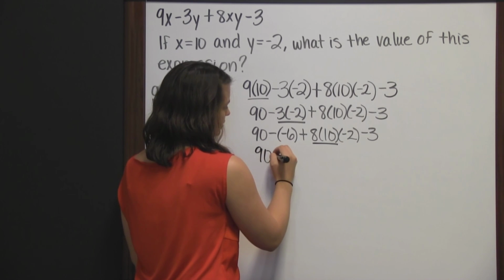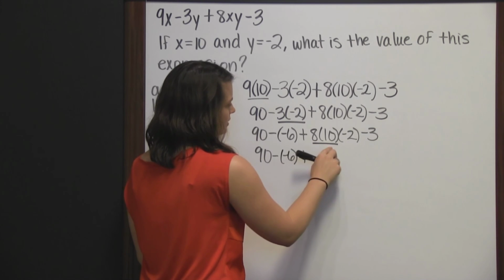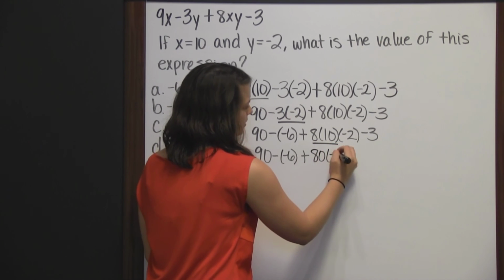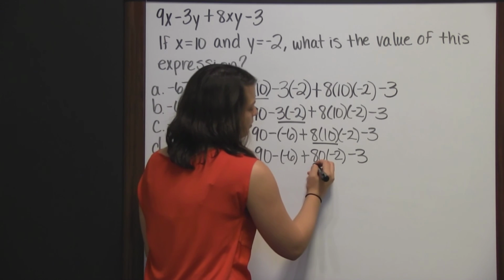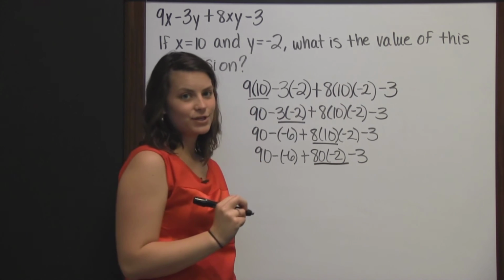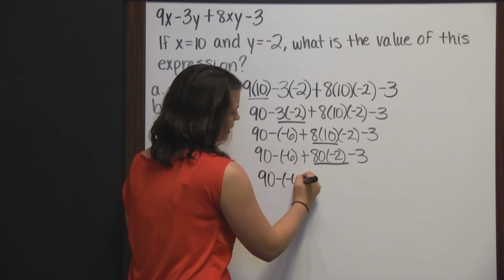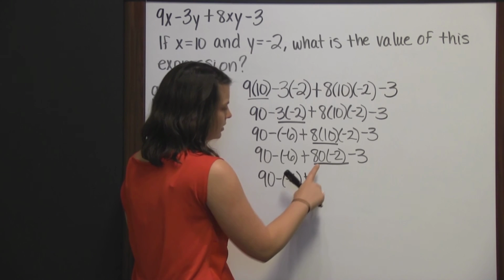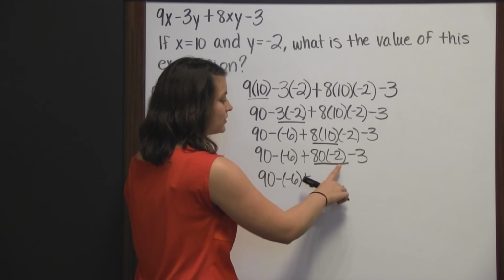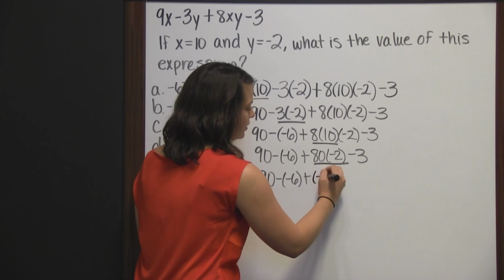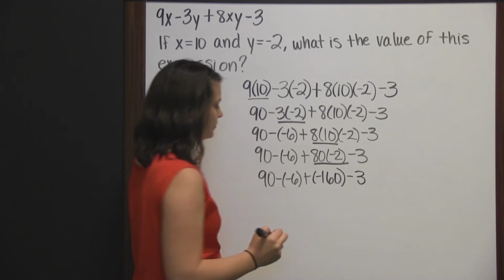So we have 90 minus a negative 6 plus 8 times 10 is 80 times negative 2 minus 3. Then we need to multiply 80 times negative 2. So we bring down our 90 minus negative 6 plus 80 times negative 2. A positive times a negative is a negative, so negative 160 minus 3.